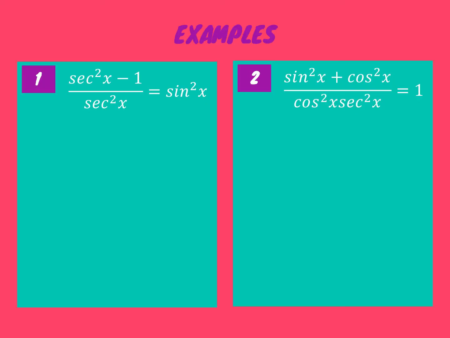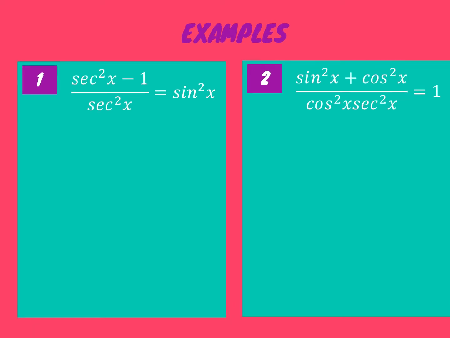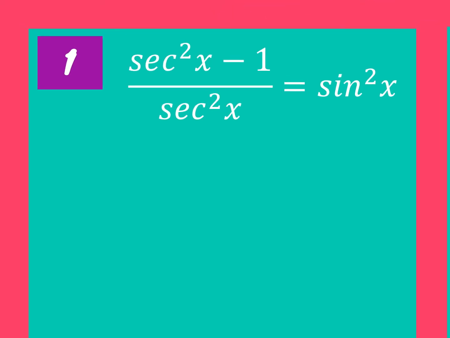Now, I know it's sort of hard to see, but I guess you can see it clearly on your iPad. So what we're going to do here, just like yesterday, I'm going to simplify the more complicated side, and then the answer is the other side. So remember yesterday, this would have been the problem. And then this is the answer.